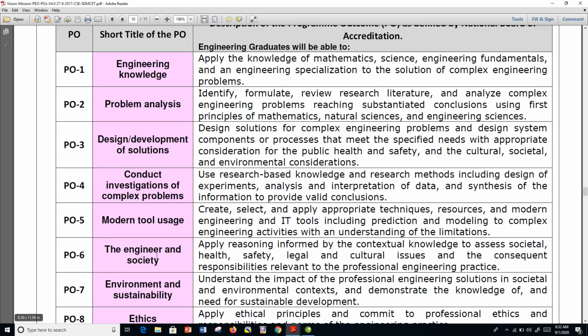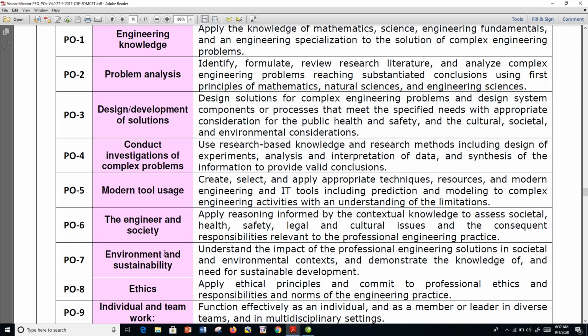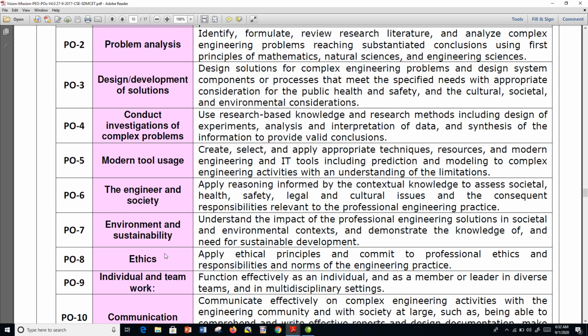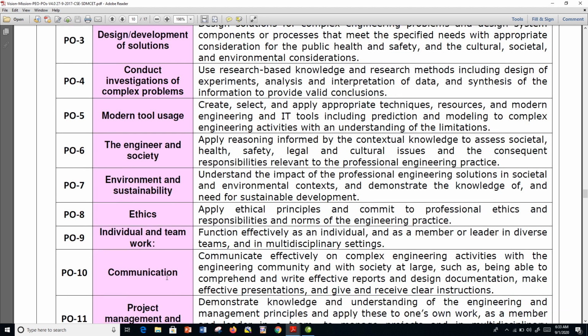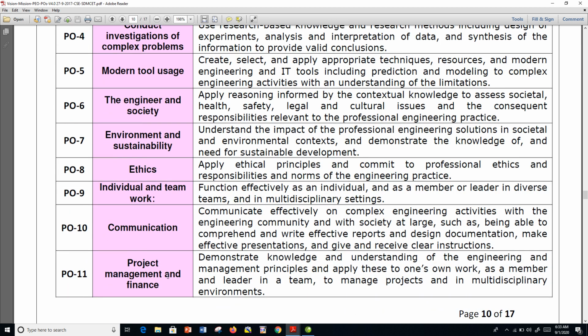Sixth one is the engineer and the society. How are you connected with the society, and issues like health, safety, legal, cultural issues while developing solutions. Seventh one speaks about environment and sustainability. Eighth one is ethics. Ninth one is individual and teamwork. Tenth one is communication, written and oral communication. 11th one is project management.